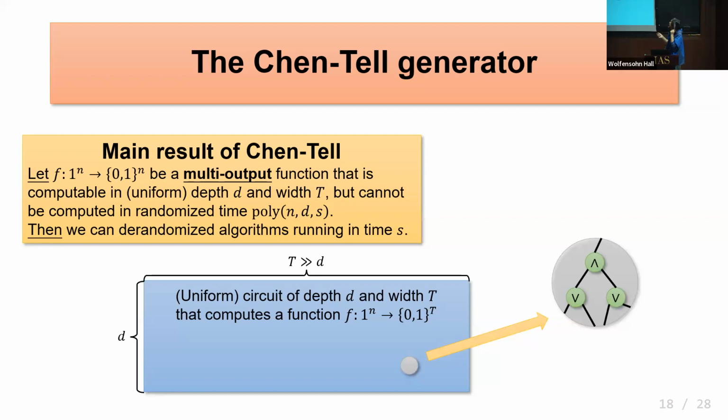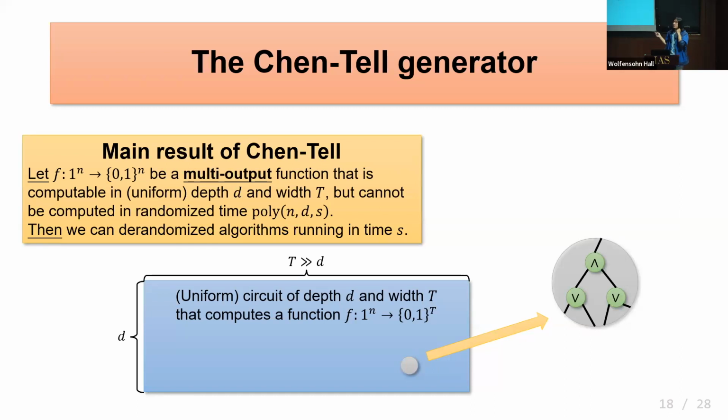So you can trivially compute the circuit in time T times D, but we are assuming that the circuit is hard for some time bounds between D and T. If the function is hard for time poly(n, D, S), then we can derandomize algorithms in time S.